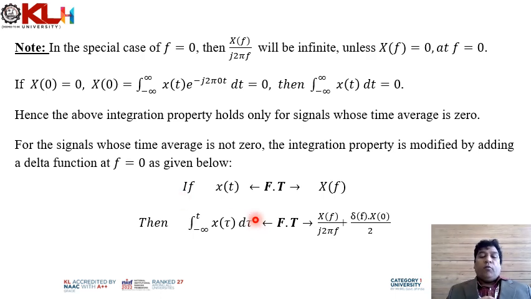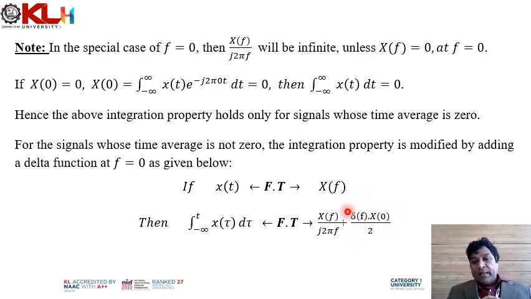So for the more general case of the integration property, the Fourier transform of the integral of x of t will be capital X of f divided by j2 pi f, plus delta of f multiplied by capital X of 0 divided by 2.